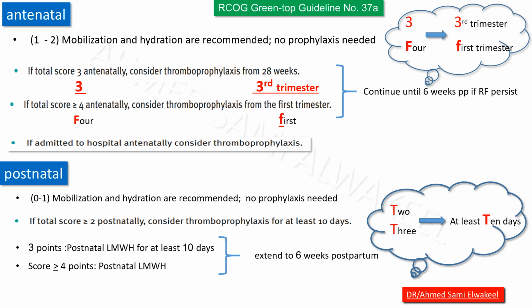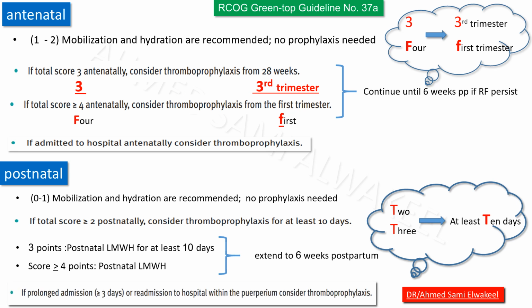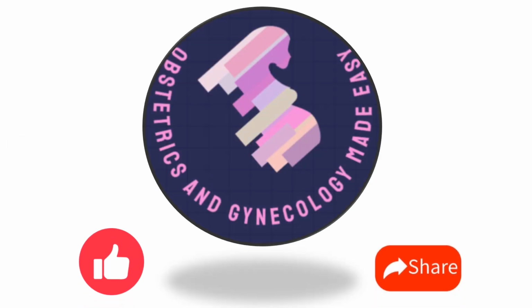So we have 3 T letters. If prolonged admission more than or equal 3 days or readmission to hospital within the puerperium, consider thromboprophylaxis. So we have 2 mnemonics for antenatal or postnatal thromboprophylaxis. I hope this helps. Please don't forget to like and share.